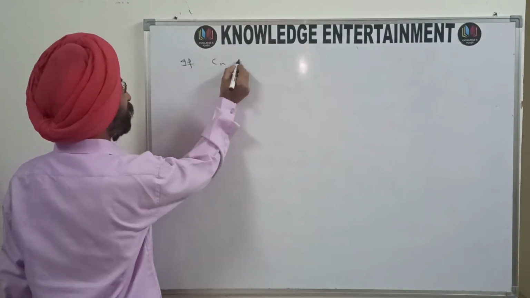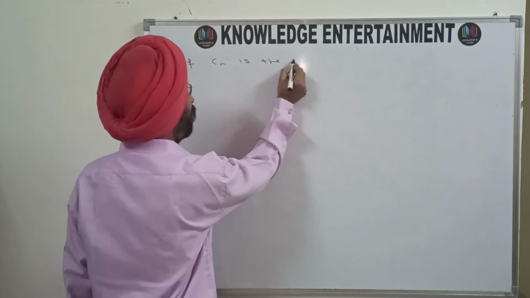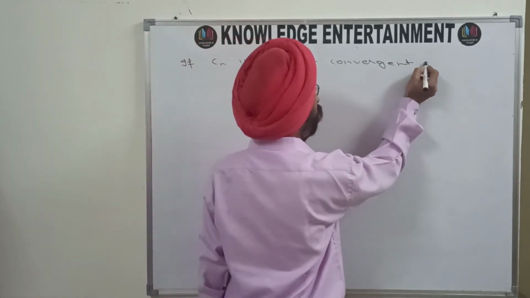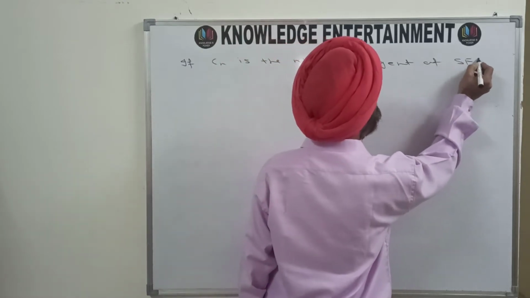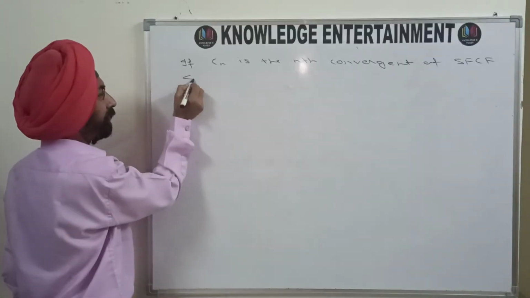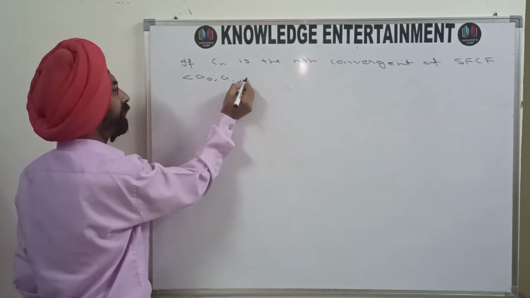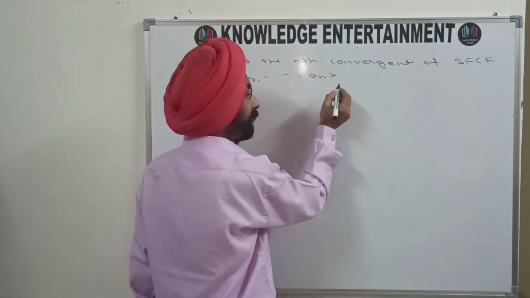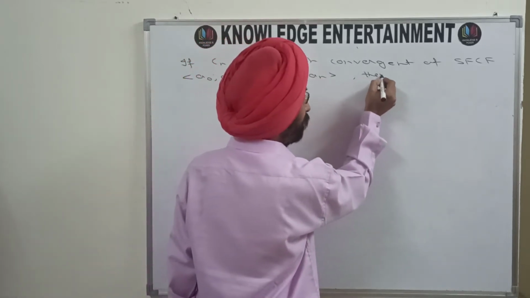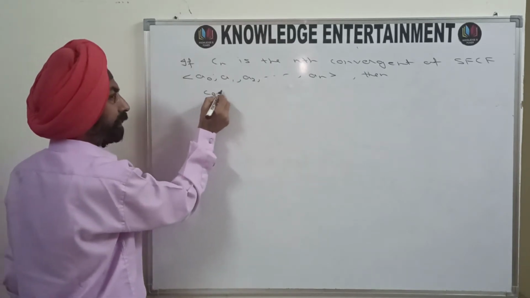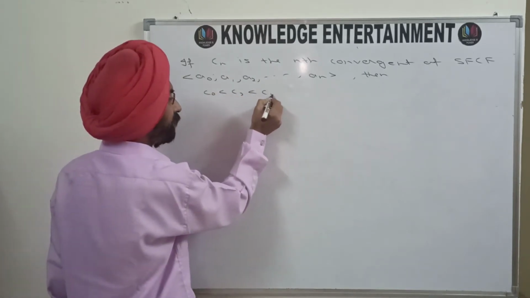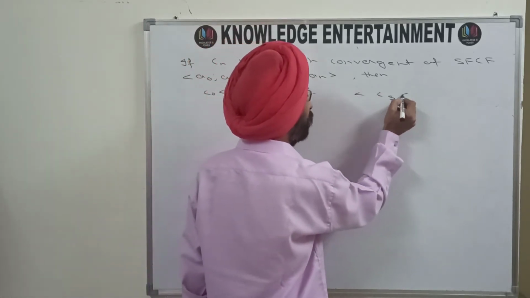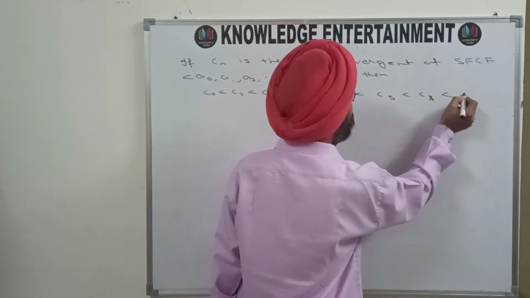if Cn is the nth convergent of the simple finite continued fraction a0, a1, a2 and so on, an, then c0 is less than c2, is less than c4 and so on, is less than, on the other side, c5, is less than c3, is less than c1.